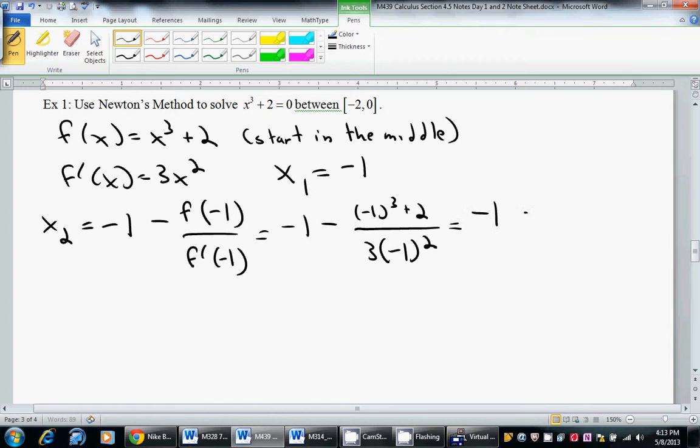So this is going to be -1 minus... -1 cubed is -1, plus 2 is +1. -1 squared is +1 times 3 is 3. So I get -1 minus 1/3. So I get -4/3.